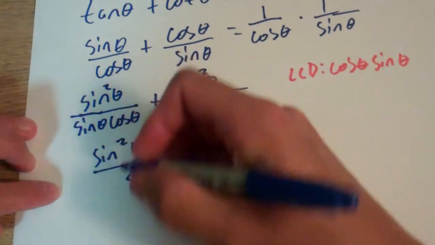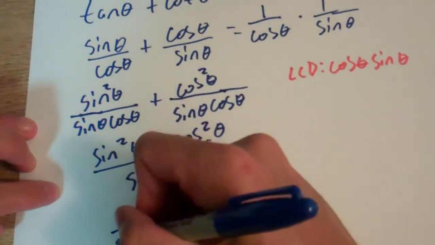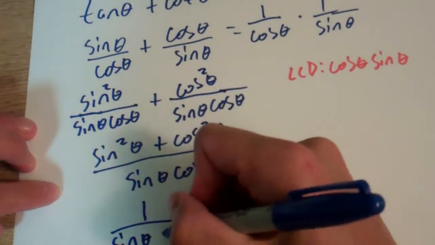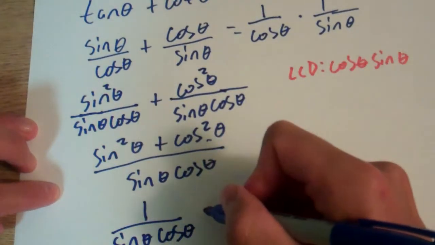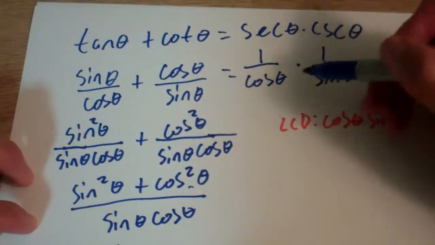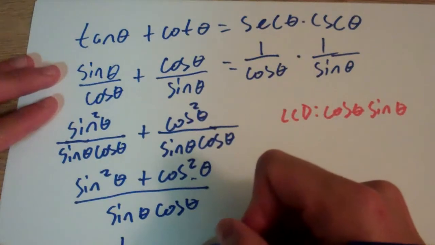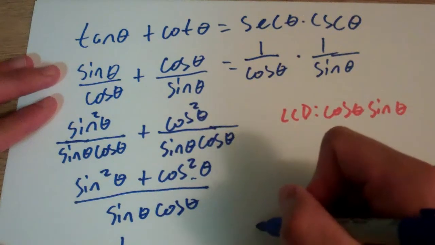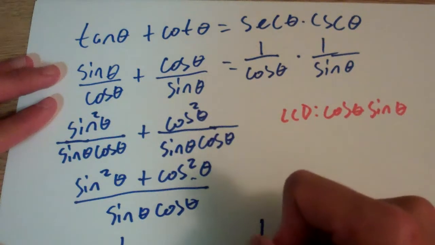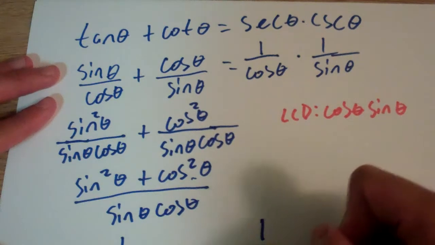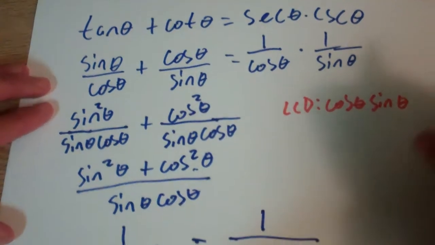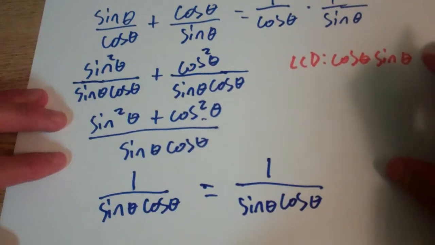So I'm going to rewrite that as 1 over sine theta cosine theta. And then if we look back over here, well, this is what we started off with, right? Well, is that equal? Sure. 1 over sine theta cosine theta. So it looks good. Oh, there we go.